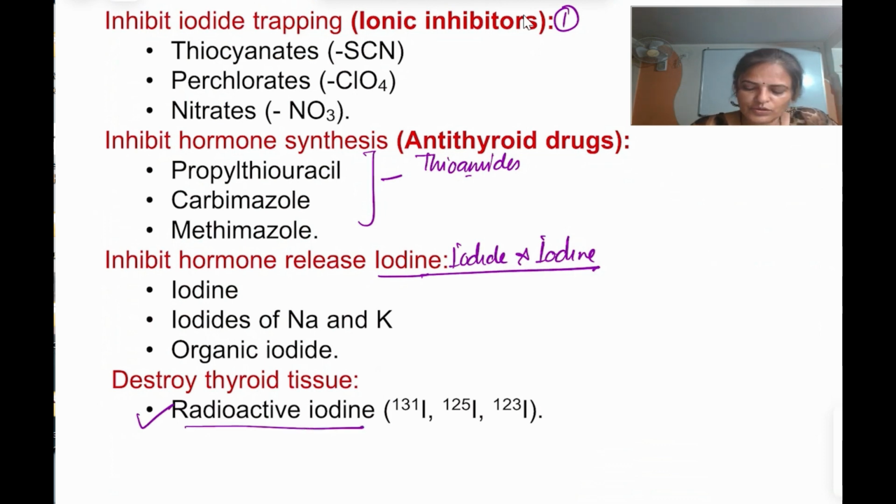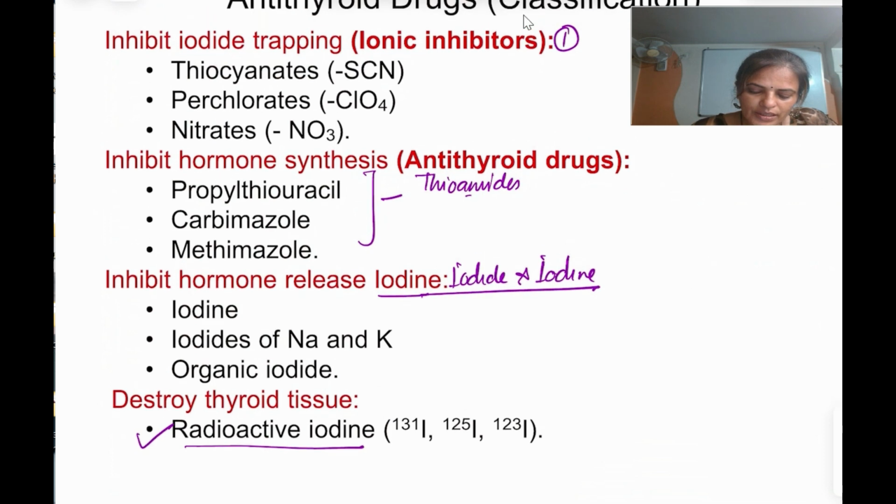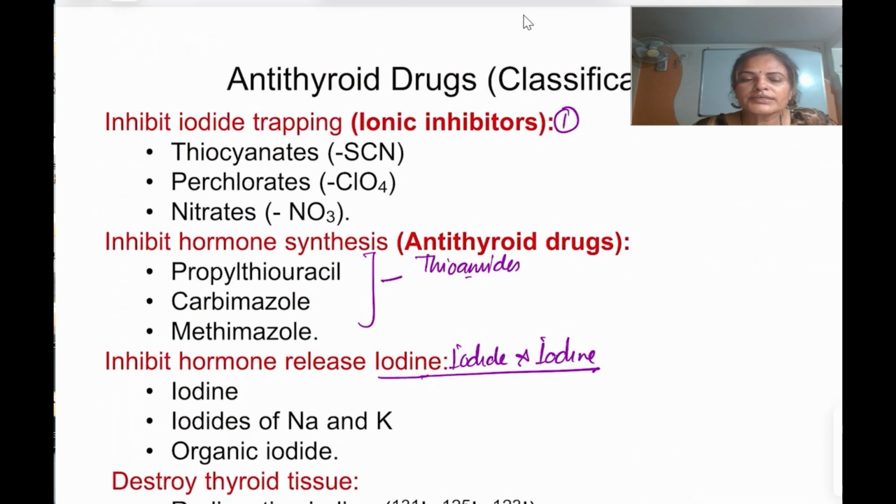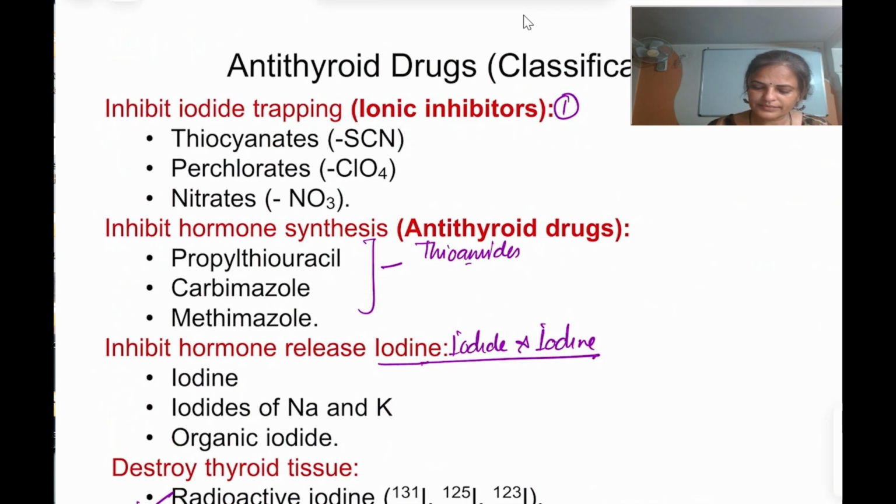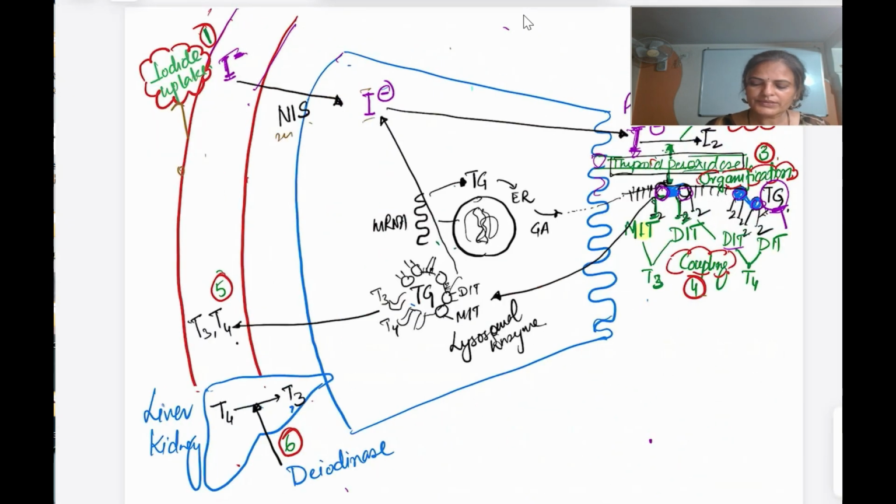Now how does this group of antithyroid drugs act, what is their mechanism of action? To make you understand how these drugs act, you must know how T3 and T4 are synthesized. Here I will be giving only an outline of this.